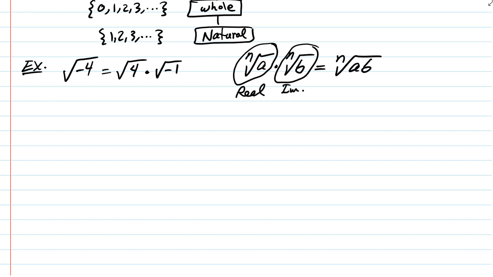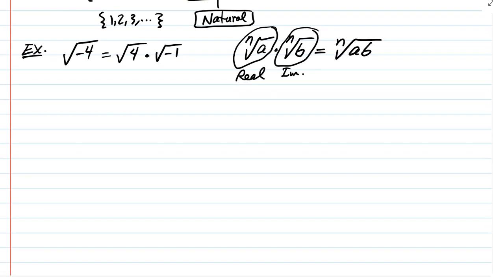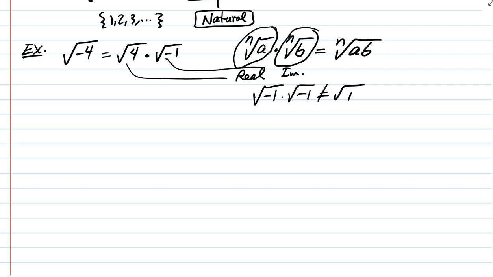The other one could be imaginary, but they both cannot be imaginary, or you do square root of -1 times root -1, you get 1, and that is not true. So if I look at square root of -4, this one is real and that one is imaginary, so I'm actually okay to do that.